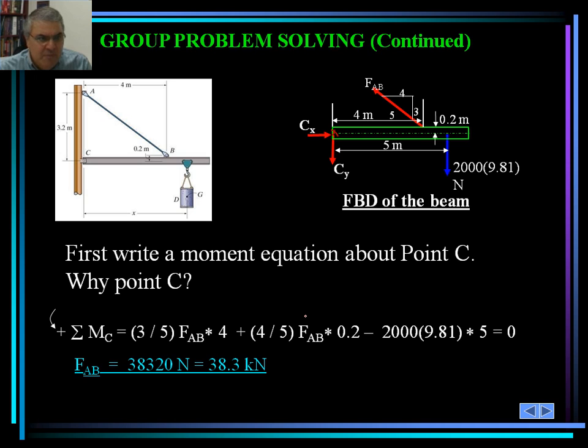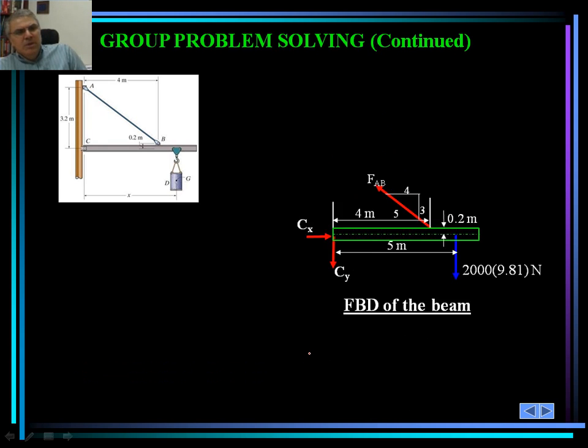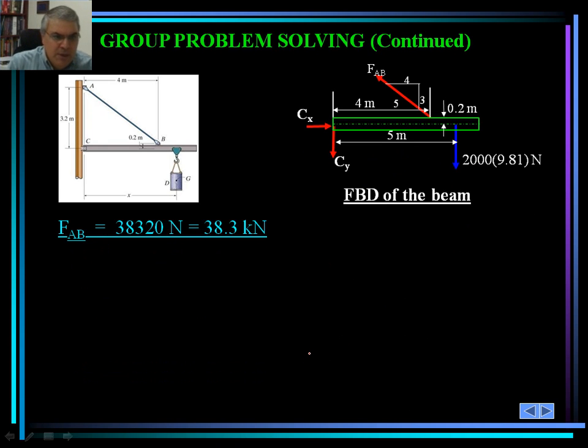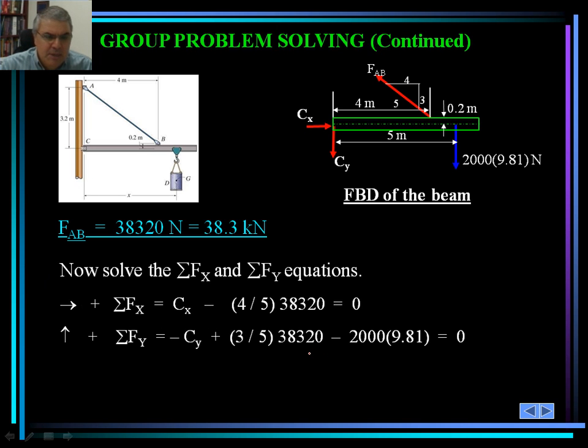The 3/5 of F sub AB and the 4/5 of F sub AB, those would provide us with F sub AB. If you take the summation of moment about C here, okay, that would provide us with F sub AB as 38.3 kilonewton.